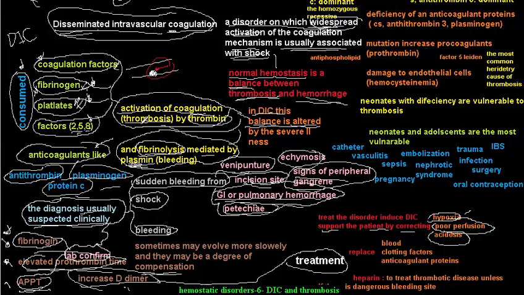We have widespread coagulation, and on the other hand we also have fibrinolysis and anticoagulation processes happening. So we have a decrease in antithrombin, protein C, protein S, and plasminogen, all the factors that contribute to the anticoagulation.